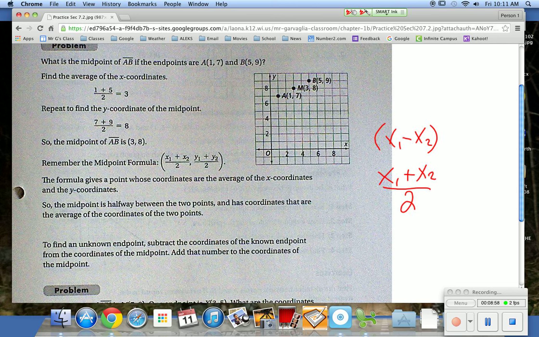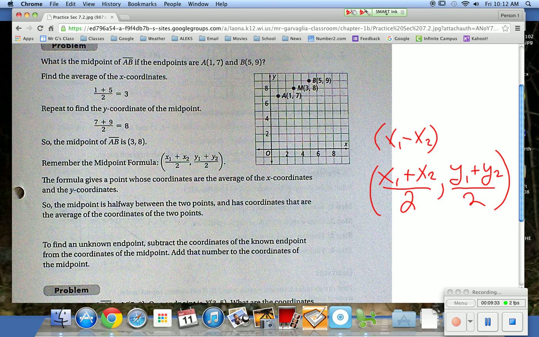So if I give you 2 grades, you got a 70 on one assessment, and you got an 80 on the next assessment, what would be your average? 70 plus 80 divided by 2. 70 plus 80 is 150, divided by 2 is 75. That's what we're doing here. This is the average of the x, and then y1 plus y2 over 2 is your average of the y.